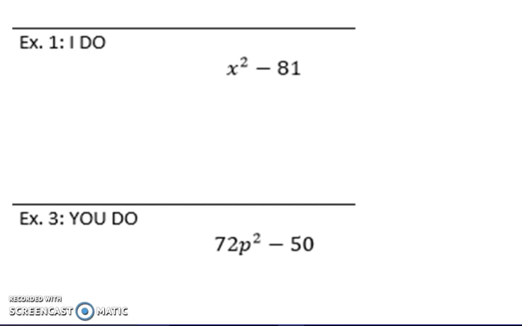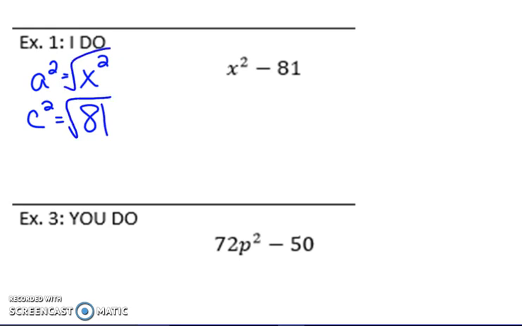So now, is there subtraction? Yes. So now, we're going to take my a squared, which is equal to x squared, and I have b squared. I'm going to call this c squared, since we said it's the a term and the c term, and I have 81. Well, now I'm going to take the square root of both of them. The square root of x squared is just x, and the square root of 81 is 9.